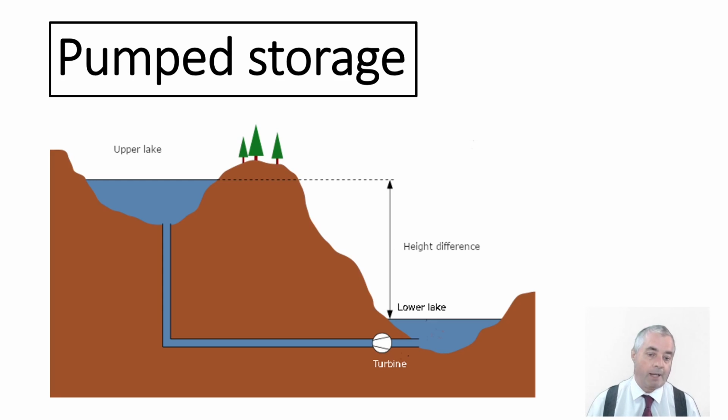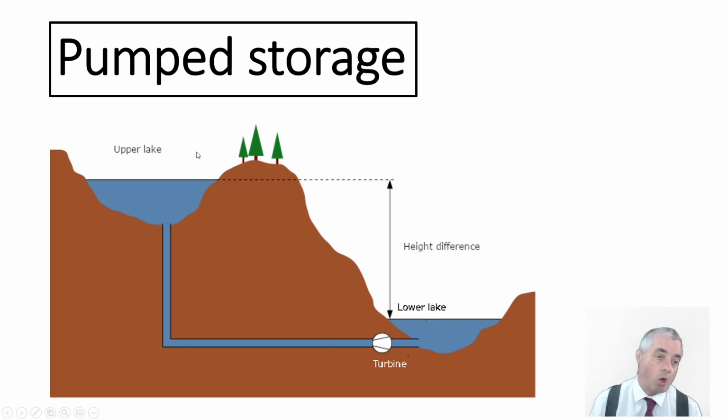Well, if that's happening, we can use a pump storage scheme. What we've got with a pump storage scheme is two lakes, one high up and one low down, and we connect them with a tunnel that will allow water to transfer between the two. If we're generating more electricity than is being used, we use the extra energy to pump water from the low lake up to the top lake.